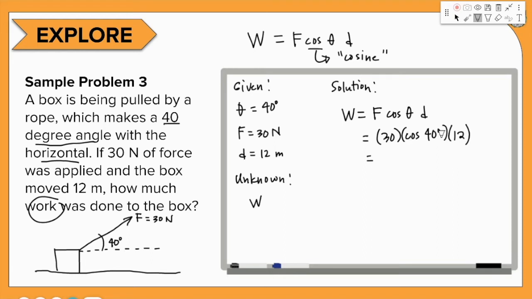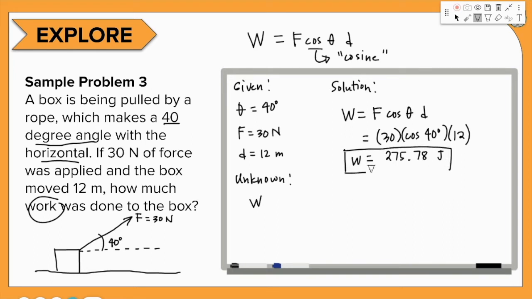So cosine, then 40 degrees times 12, and then that is supposed to give you the value of 275.78. I just rounded off to 2 decimal places. And then since this is work, I would have to put the unit joule. Okay, and then I'm done.